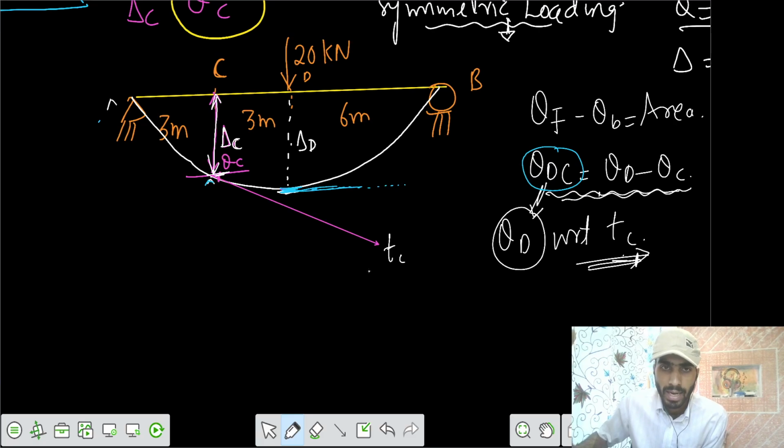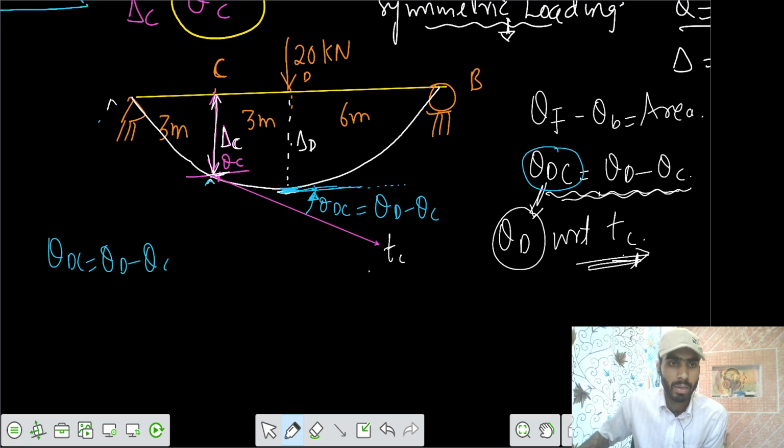That means theta at D from the line tangent to point C. So this is the value theta DC, which is theta D minus theta C. So we can write theta DC equals theta D minus theta C. But the value of theta D is actually 0, so it is 0 minus theta C. So if your theta C was clockwise here, but theta DC is anti-clockwise, that's why theta DC came out to be negative times theta C.